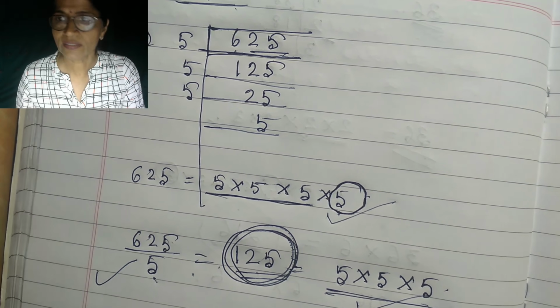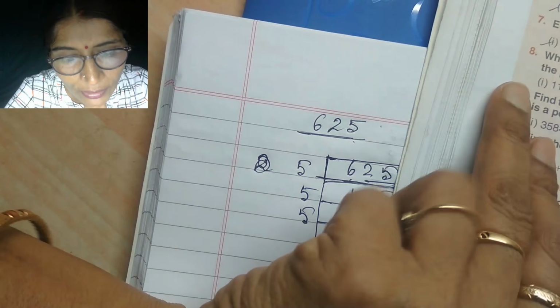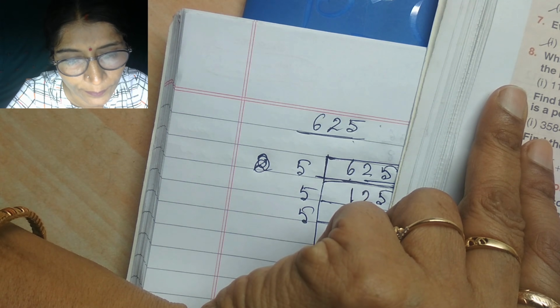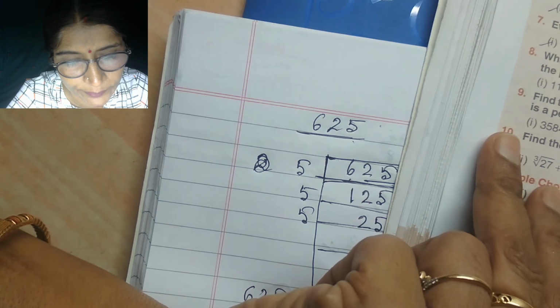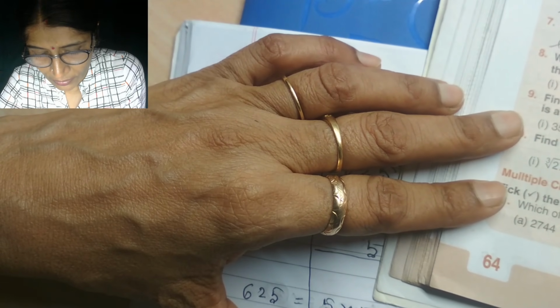Okay, I think it is clear. Now we will do a few sums from the exercise given in your book. Sum number 8, example number 1, subpart 1.